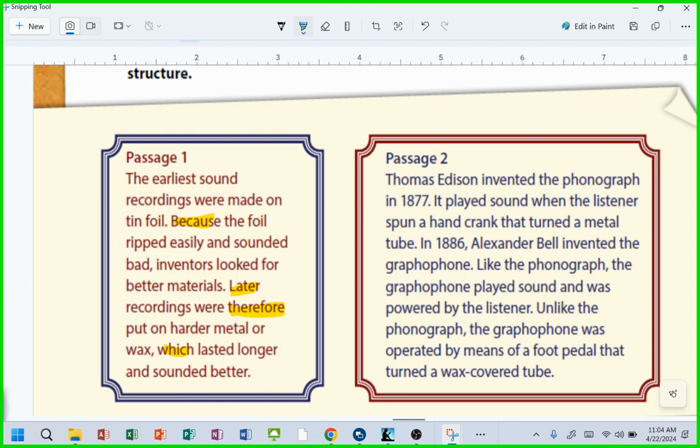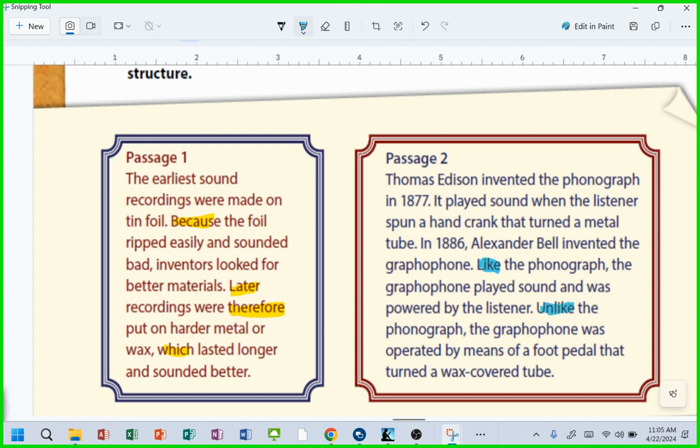Thomas Edison invented the phonograph in 1877. It played sound when the listener spun a hand crank that turned a metal tube. In 1886, Alexander Bell invented the graphophone. Like the phonograph, the graphophone played a sound and was powered by the listener.